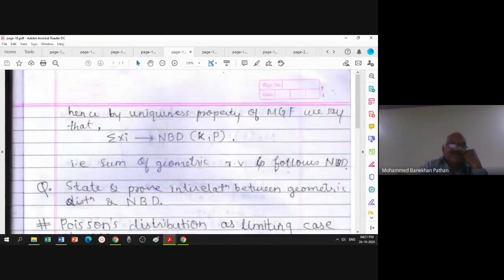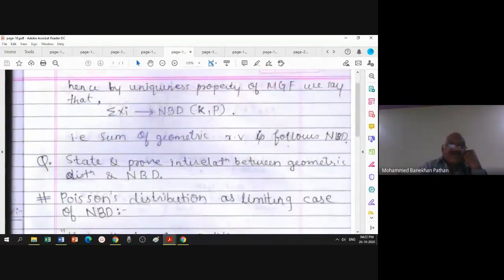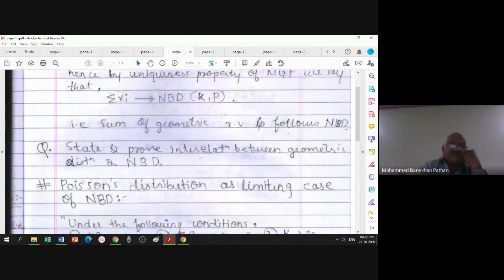Hence, by the uniqueness property of MGF, we say that the sum of Xi follows NBD with parameter k comma p, and that is written in words: the sum of geometric random variables follows NBD.